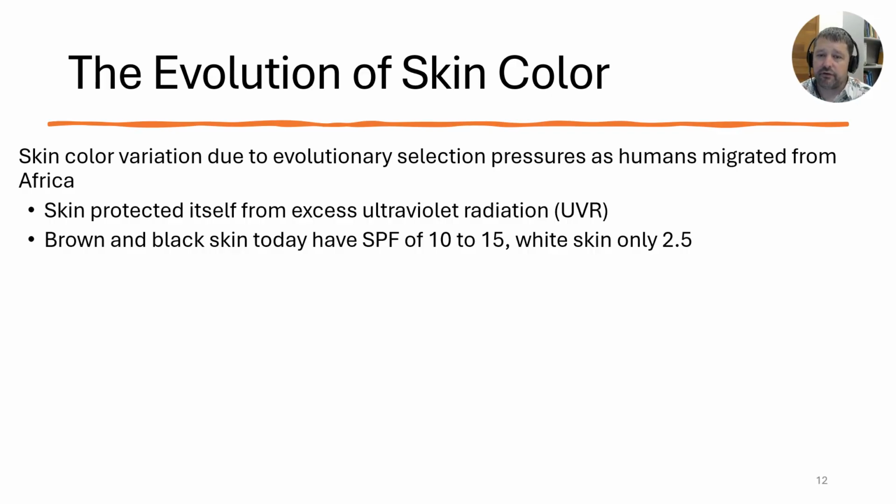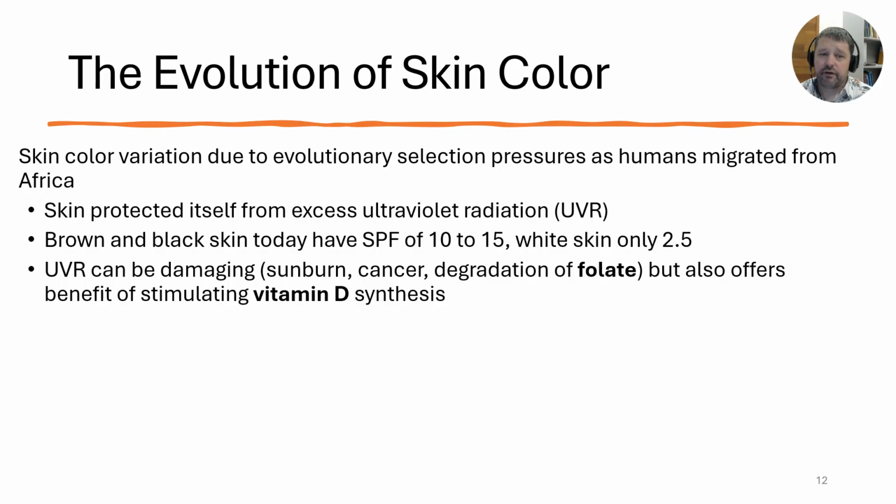Having dark skin gives you an SPF of around 15. If you have light skin, if you're white or lighter in skin, even if you're an Asian individual and you have light skin, maybe somewhere around 2.5 to 5, depending on the degree of melanin in your skin.